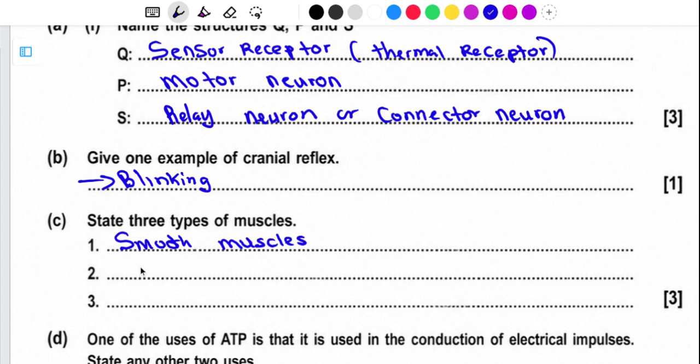Then apart from the smooth muscles, we also have what we call the skeletal muscles. So these ones now are involved in the contraction and relaxation so that a living organism can locomote. Okay, so you know the difference between locomotion and movement.